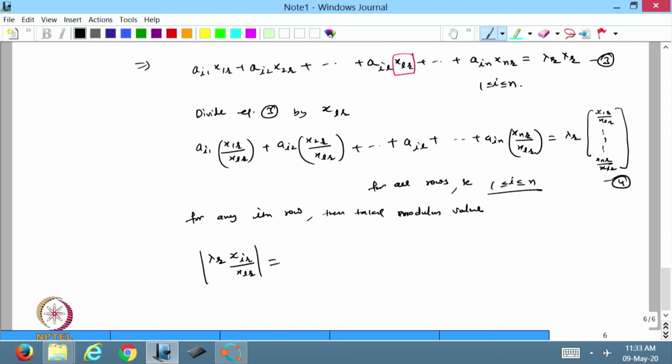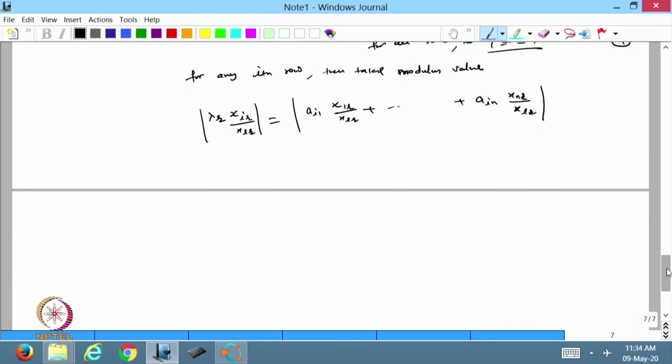This can be written as a_i1 x_1^r over x_L^r, mod, all this value up to a_in x_n^r by x_L^r modulus. So, this value we have taken.